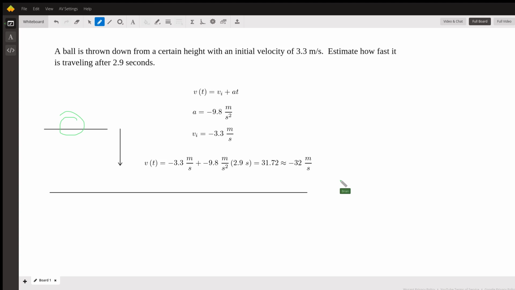Now, the final speed, how fast it is traveling, will be 32 meters per second because speed is a scalar term, and it's just the magnitude of the velocity, and it does not take into account direction. Something to keep in mind.